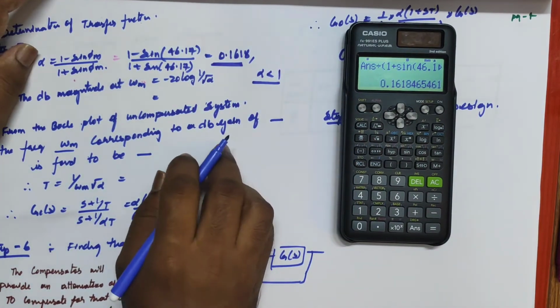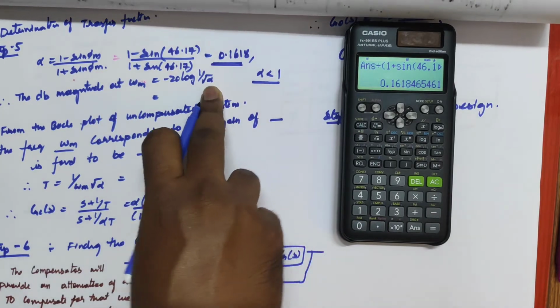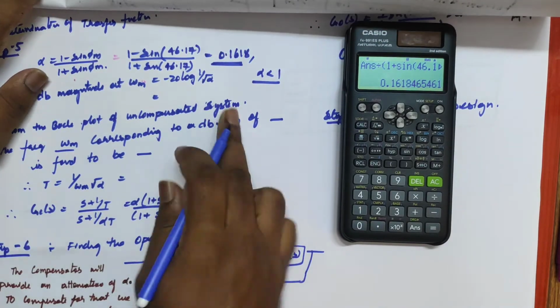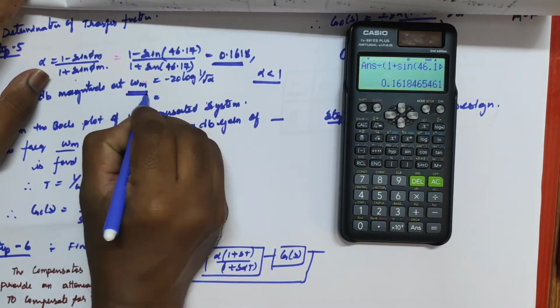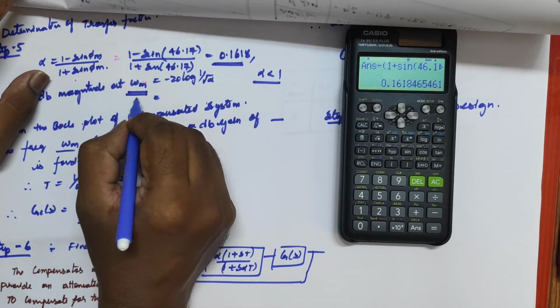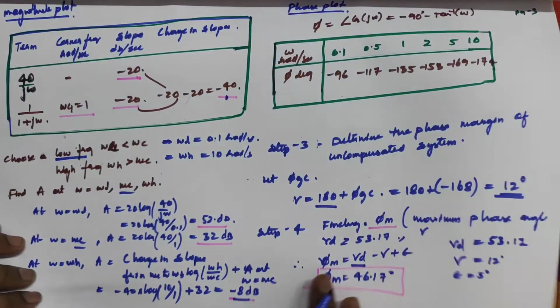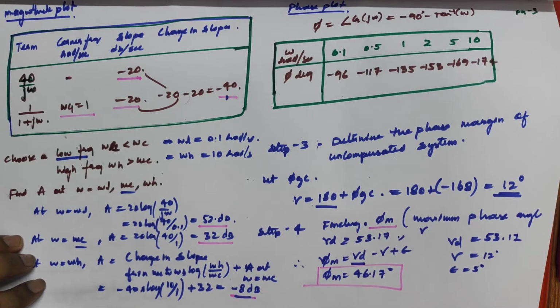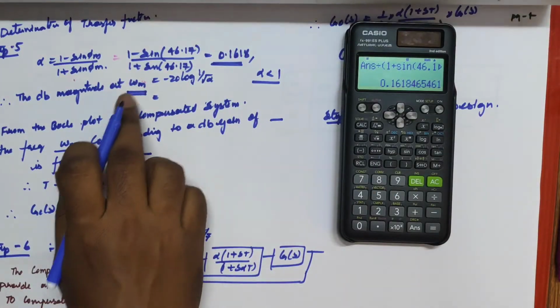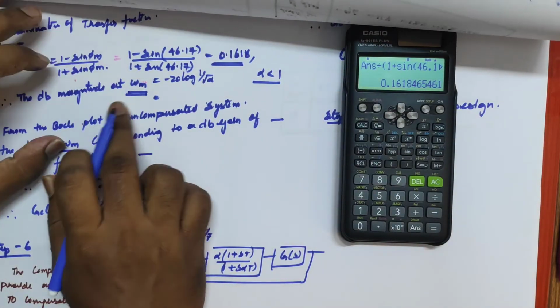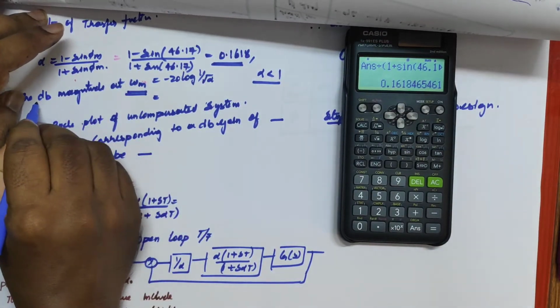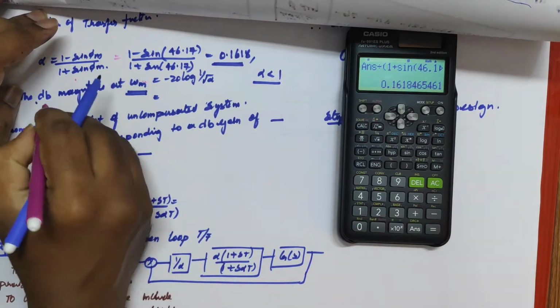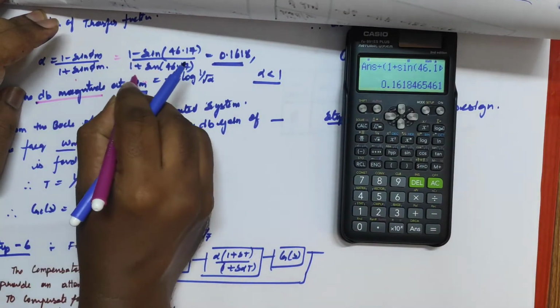So now we'll use the maximum phase angle, which is obtained at the maximum frequency. To get the maximum frequency value, we have to find the dB magnitude at omega m.